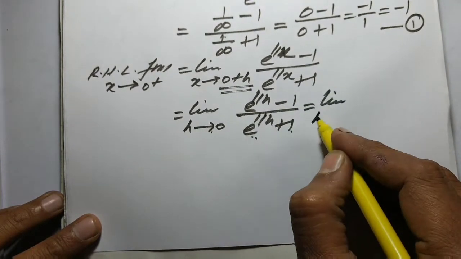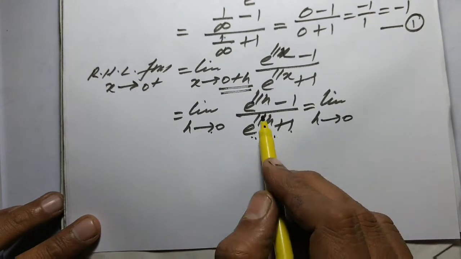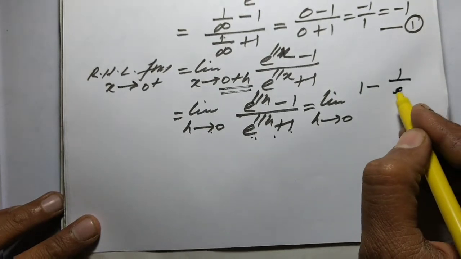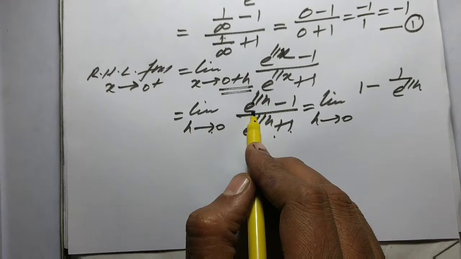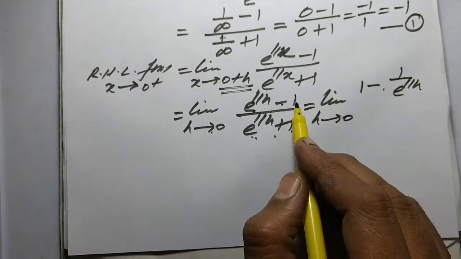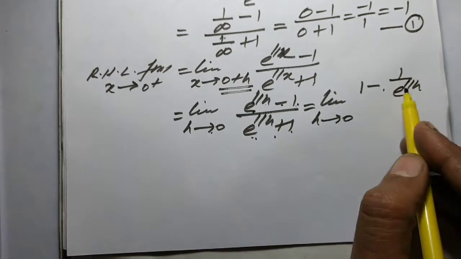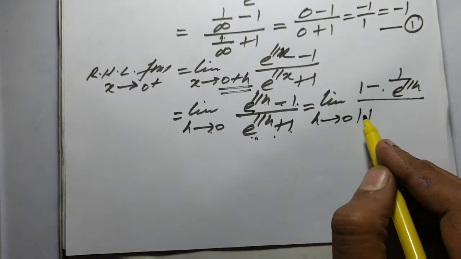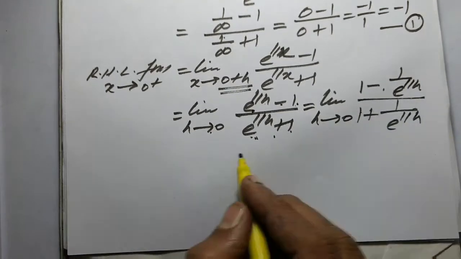So let us divide the numerator and denominator by e^(1/h). We have 1 minus 1 upon e^(1/h), because if we divide e^(1/h) by e^(1/h) we get 1, and if we divide 1 by e^(1/h) we get 1 upon e^(1/h). Similarly, in the denominator we have 1 plus 1 upon e^(1/h).